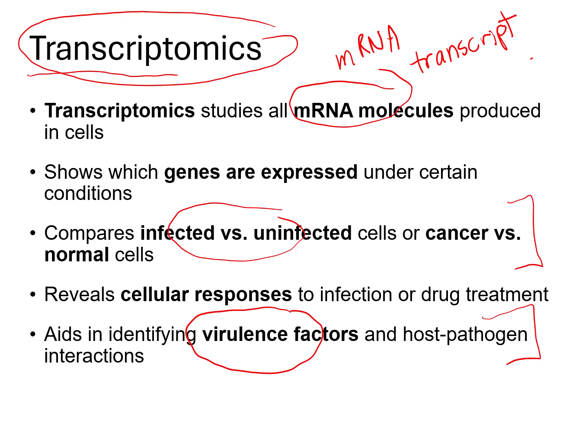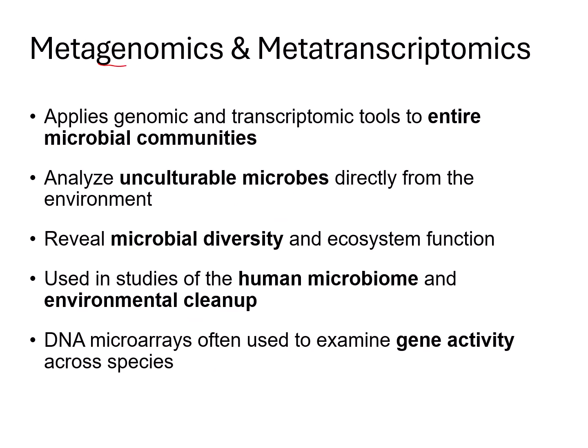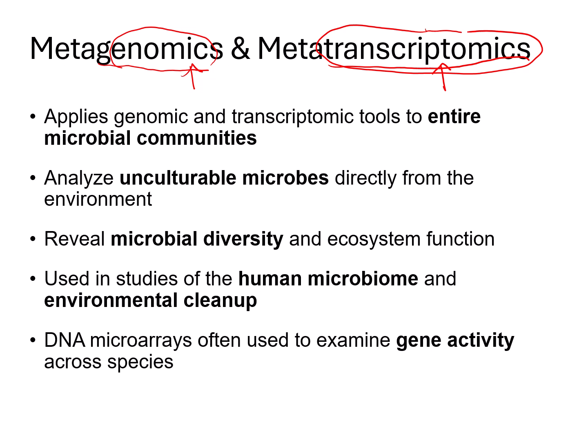So earlier we saw genomics and transcriptomics. In regular genomics or transcriptomics, we're usually looking at the genes or the mRNA transcripts in a single species. When you want to look at multiple species at the same time, we add the prefix meta in front of it. So metagenomics or metatranscriptomics, we're looking at multiple species, so usually some kind of community, a bunch of organisms at the same time.